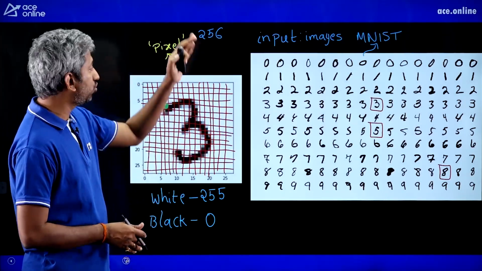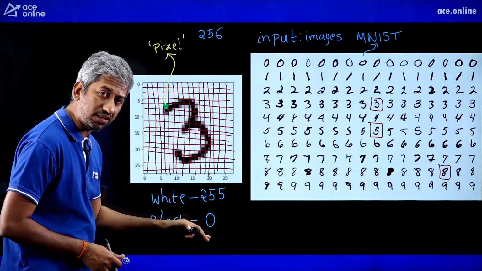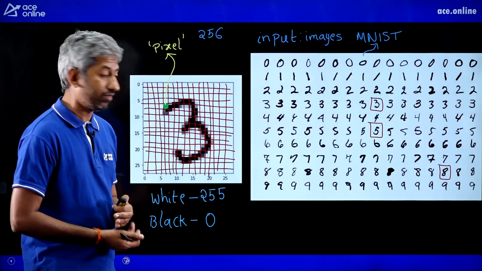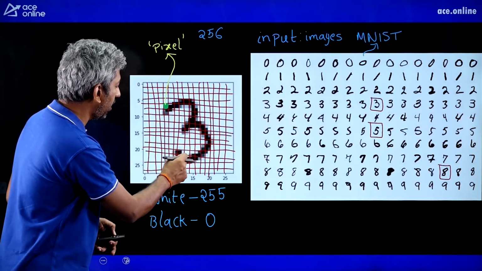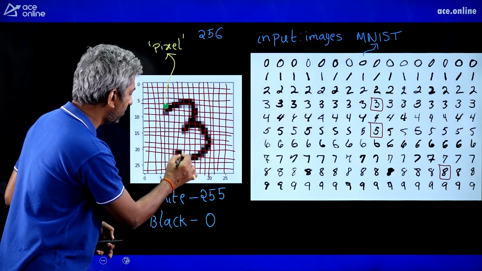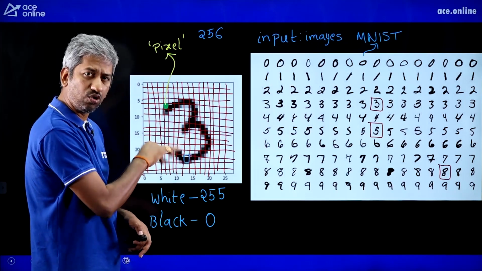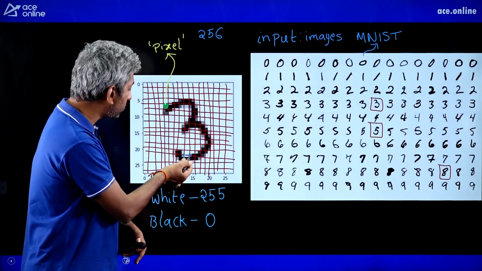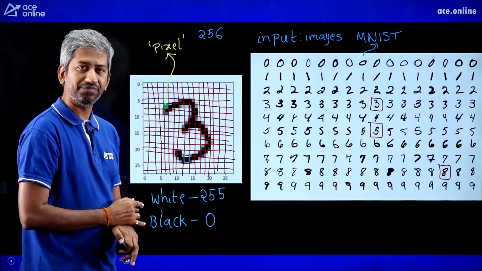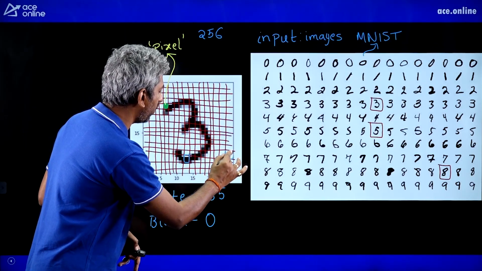Among those 256 color intensities, the number 0 indicates black color. If any cell is completely black, for example, here you just consider this cell. That cell has only black color. So, you just mark that cell with 0. Okay, you take this cell, it is pure white.